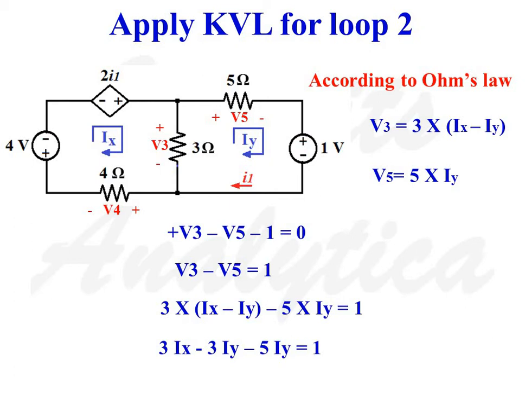When we consider voltage drop across 3 ohms resistance, as we move from negative potential to positive potential, that term should be taken as positive. So applying KVL, we will get minus V5 minus 1 plus V3 is equal to 0. Rearranging the terms, we will get V3 minus V5 is equal to 1.